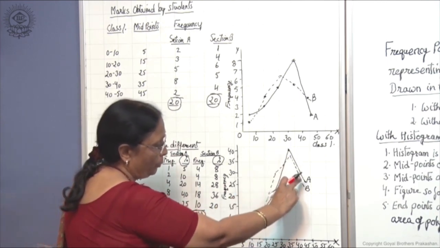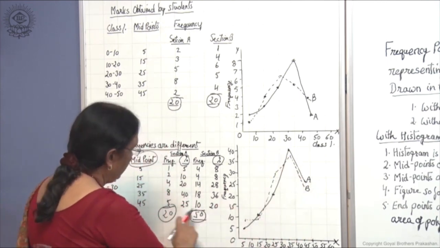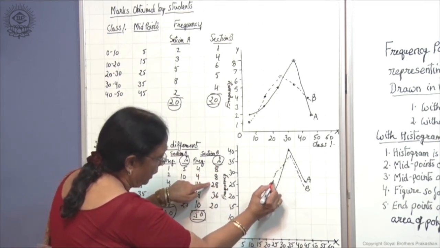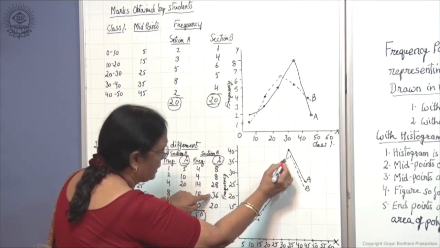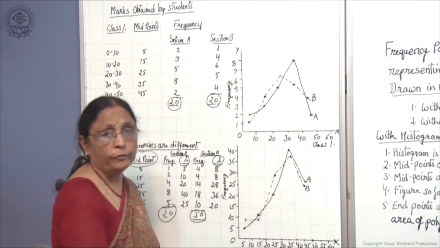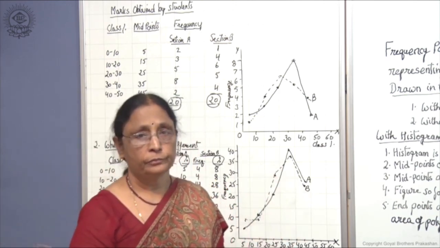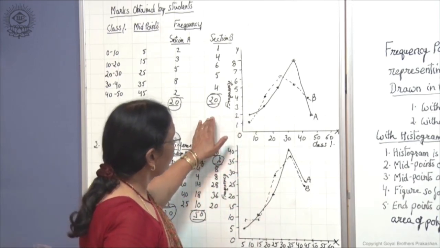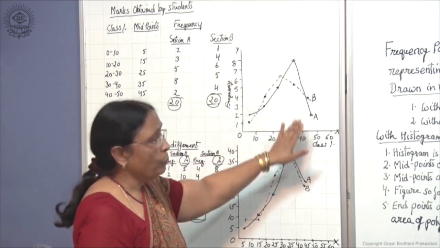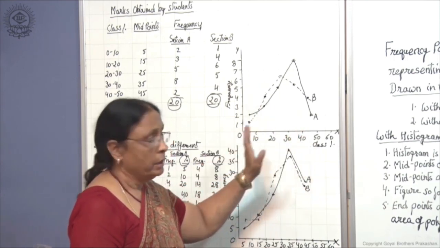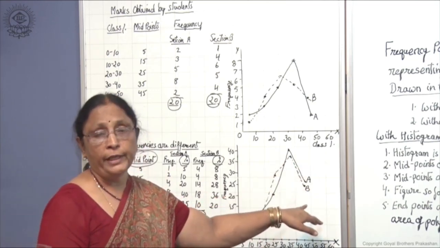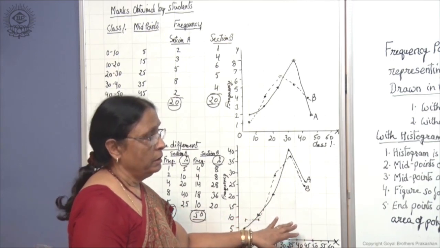Same way we have joined the points and got the curve for section A. Similarly, plot these points 8, 8, 28, 36 and 20, join the points and get the curve for section B. So when the frequency total is the same, you need not convert it into percentage, just draw the points like this and join them like this. When the total is different, convert it into percentage and make the diagram in this manner, right?